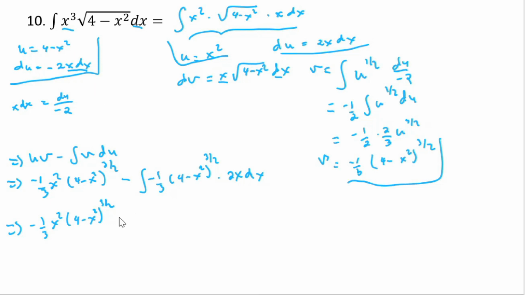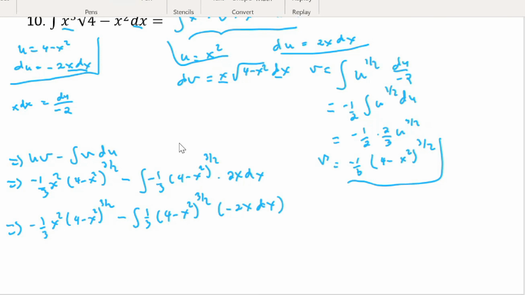So in other words, I have now negative the integral of 1/3 times 4 minus x squared to the power of 3 halves times negative 2x dx.